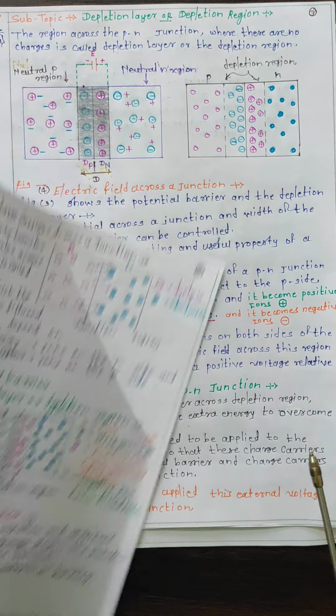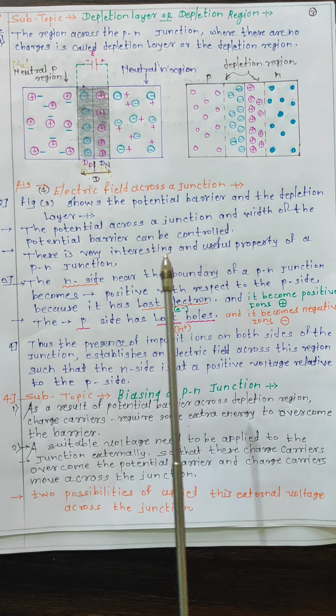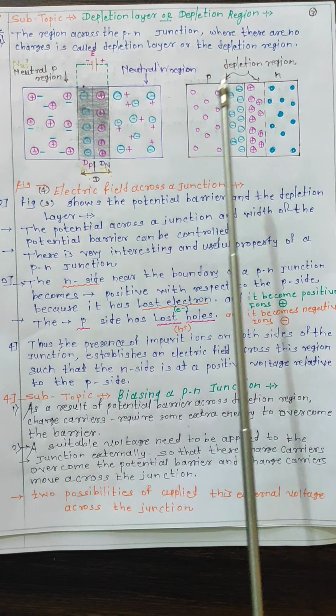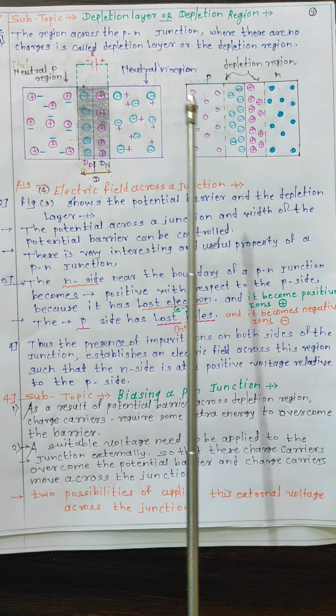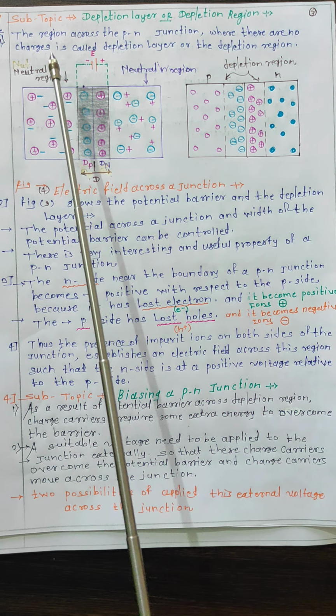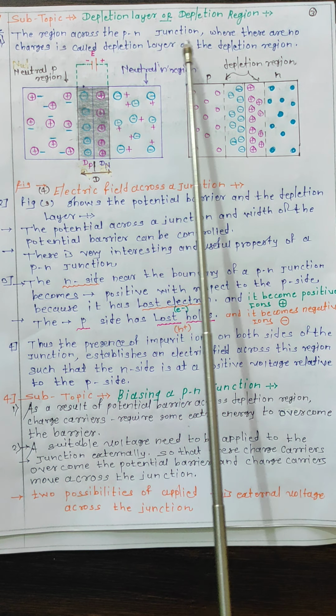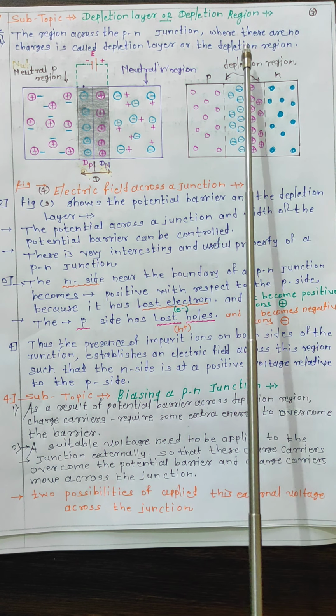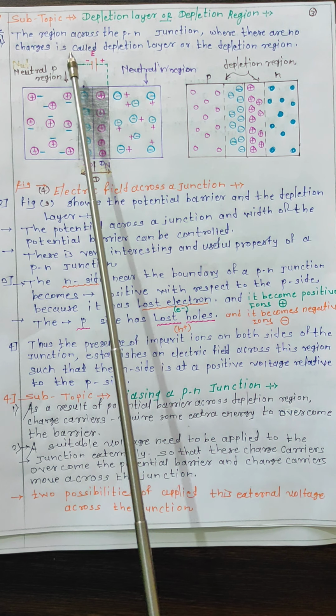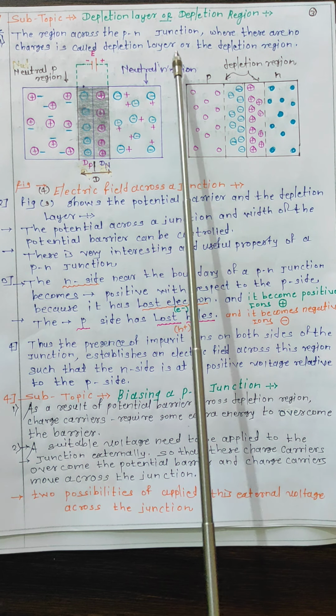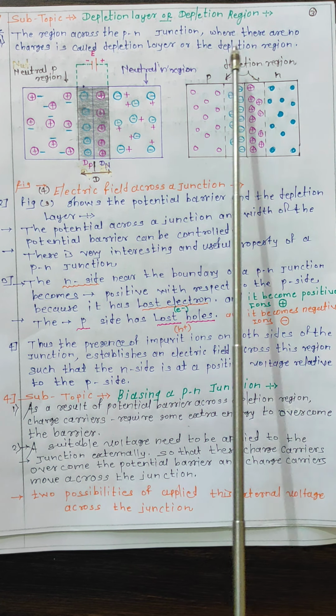Next, the topic of the depletion layer or depletion region. The region across the PN junction where there is no charge is called the depletion layer or depletion region.